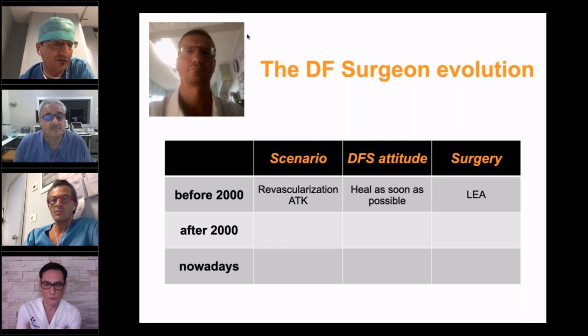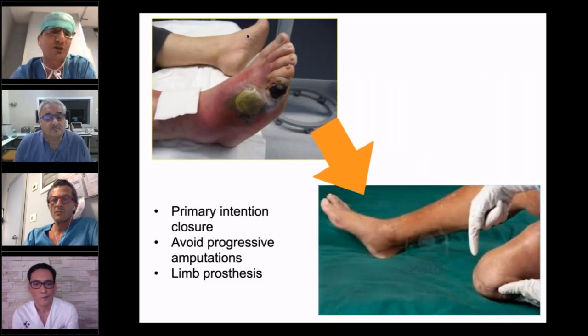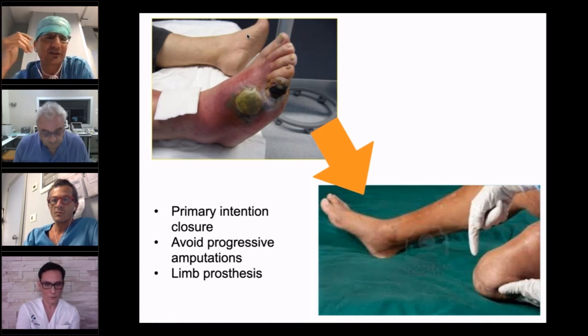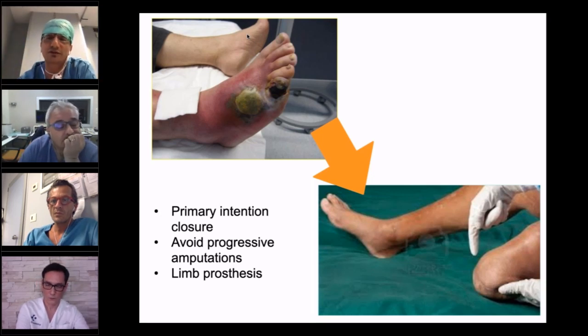And that's why sometimes we decided to perform a lower extremity amputation, because we told the patient that this was the best way to get the primary intention closure of the wound and to avoid the typical progressive amputation, first the toes, later the forefoot, and so on, that were typical of a diabetic foot disease. And we also told the patient that the best way for him to come back to work as soon as possible was a limb prosthesis.